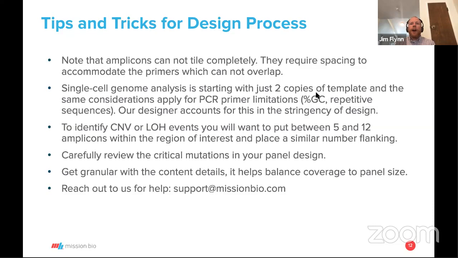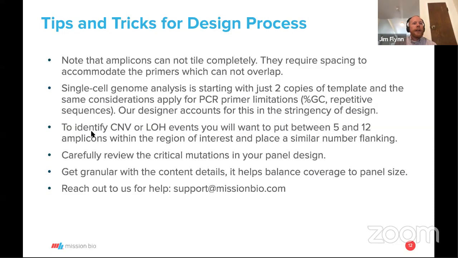It's really because we've optimized our designer to have the best design rules that we think will operate within our chemistry. Now, if you must have coverage, you can always have a discussion with us and we can attempt to rescue back some of that coverage. But really our designer is set up to have the best outcome, meaning that we'll limit the design to the regions we think will operate best.